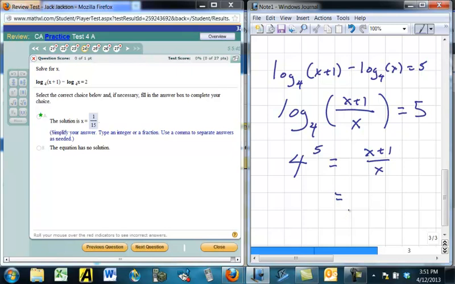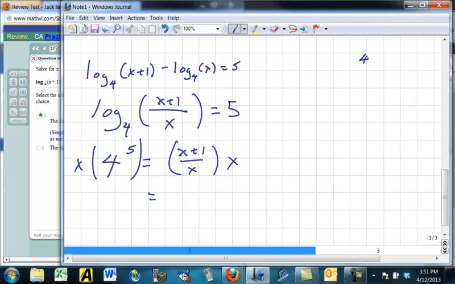Well, there's a couple of different ways we could do this. Let's multiply both sides by x. Maybe we need to figure out what 4 to the 5th is. 4 times 4 is 16. That's 4 squared. Actually, let's just do another 16. So that's 4 squared times 4 squared. This will be 4 to the 4th. That's 36.